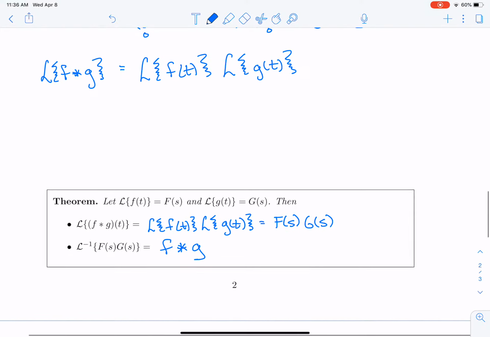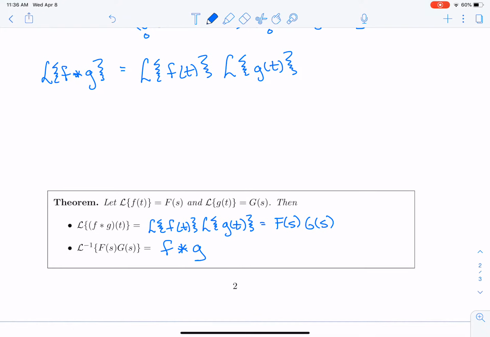Now, hopefully, if you're one of the math students and you've studied a little bit of algebraic structures, the word homomorphism is starting to resonate in your mind, because it seems that the Laplace transform is a homomorphism.